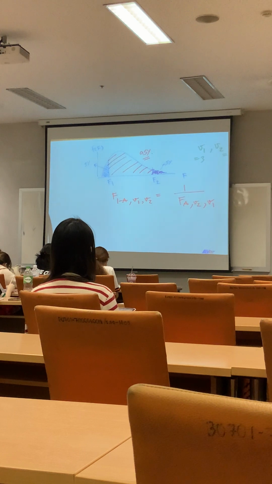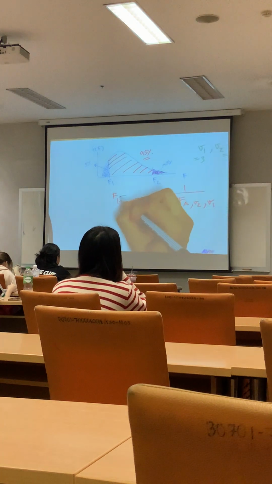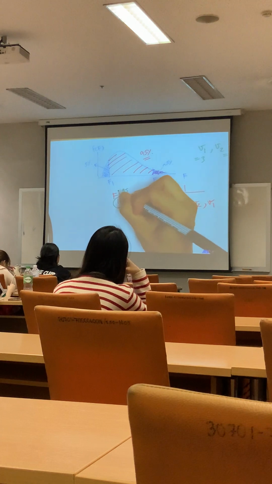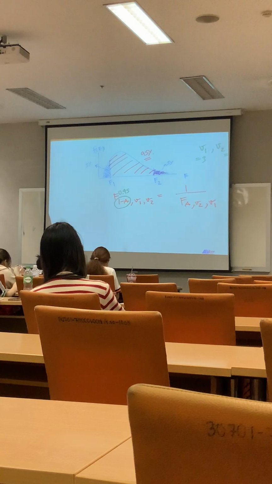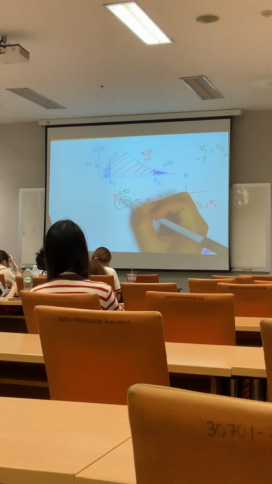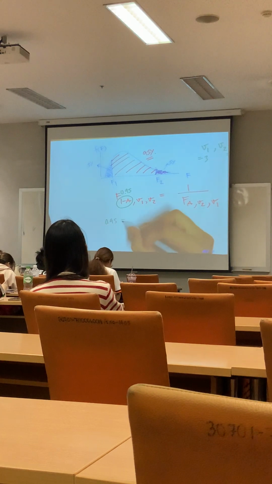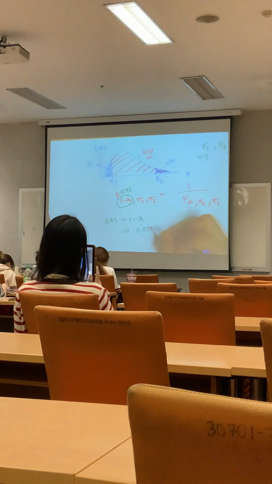What we want is 95%, or 0.95. If 0.95 equals 1 minus A, it's implied that A is 0.05, or 5%.